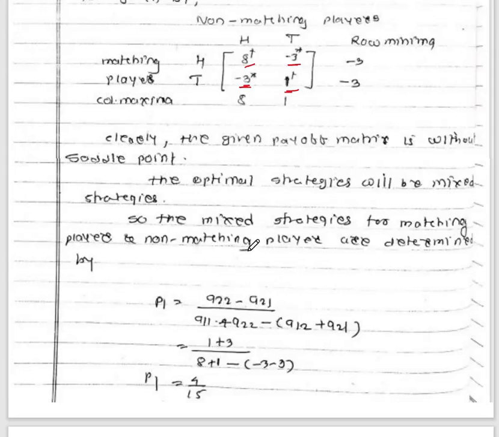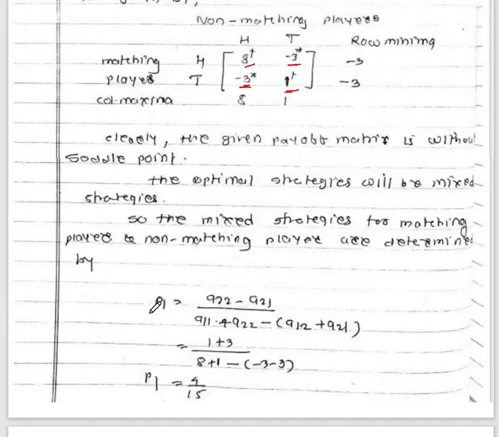The mixed strategies for the matching player and non-matching player are determined by P1, P2 for the matching player and Q1, Q2 for the non-matching player.